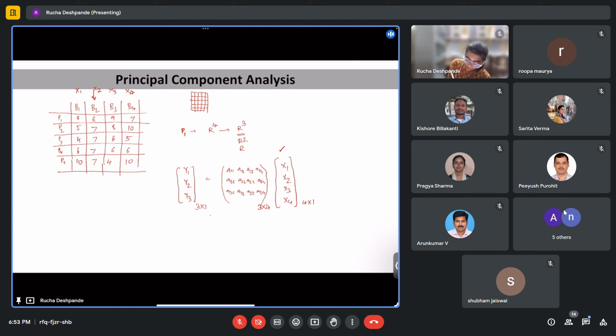Right, so my y1 would be a11 x1 plus a12, and similarly we'll have y2 and y3. So this is my transform data.